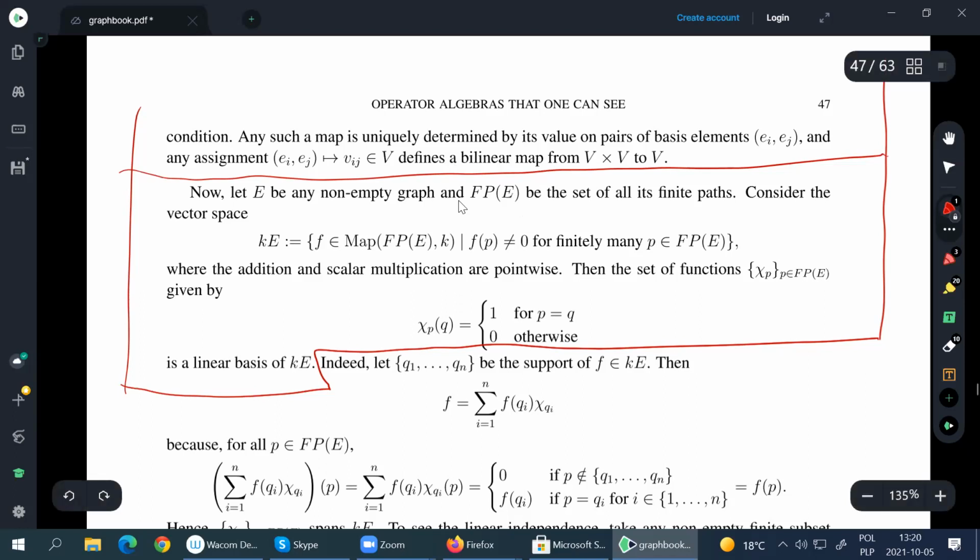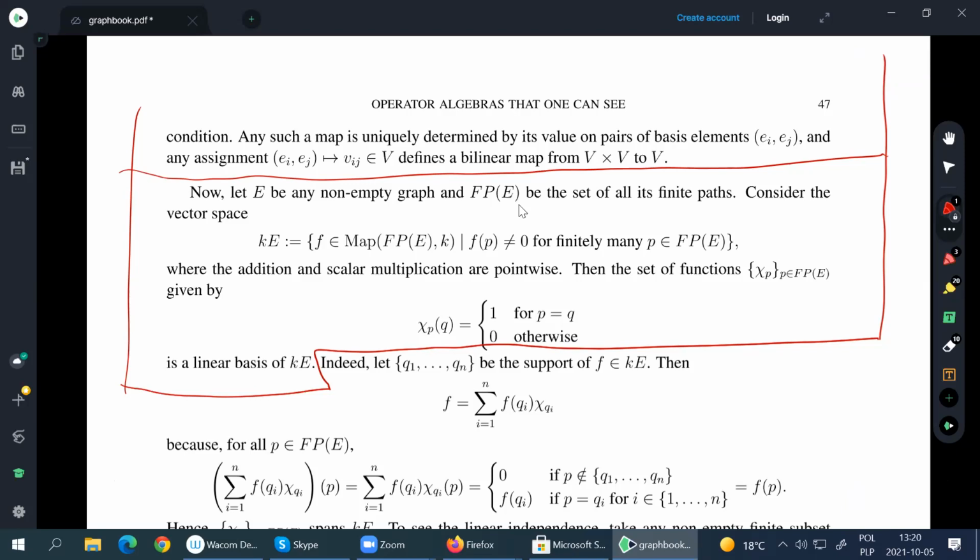You need such terminal or initial objects when you do some categorical thingies, but it's kind of awkward to do an honest construction when you have an empty set. So let's assume that E is non-empty, which means that E0 is non-empty. And then you take FPE to denote the set of all its finite paths. So this is why I had to explain to you what I mean by a finite path.